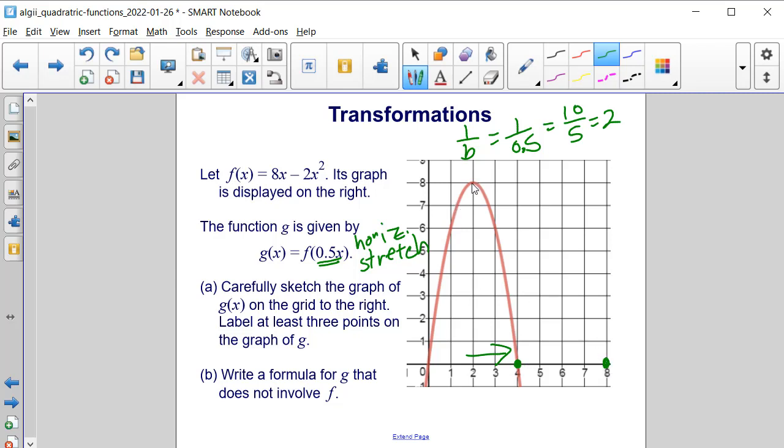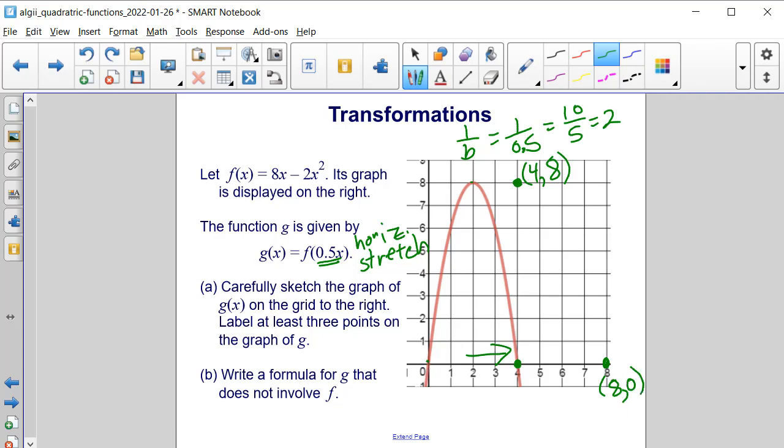And this vertex, which is at (2, 8), will get pulled away to make it double out away from the y-axis. So instead of being at (2, 8), it'll be at (4, 8). This is (8, 0).